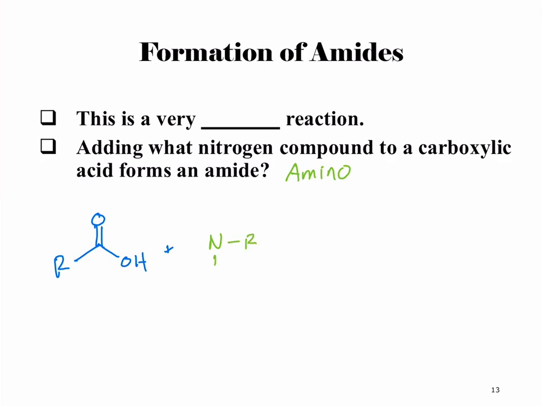So at most, it can be a secondary amine, and generally this is going to require a catalyst and acidic conditions, right? So if you know biology, you know that proteins are synthesized by ribosomes, which basically lower the activation energy, right? So this is a very unfavorable reaction, which means that we need to add some energy into this reaction to get it to form an amide molecule.